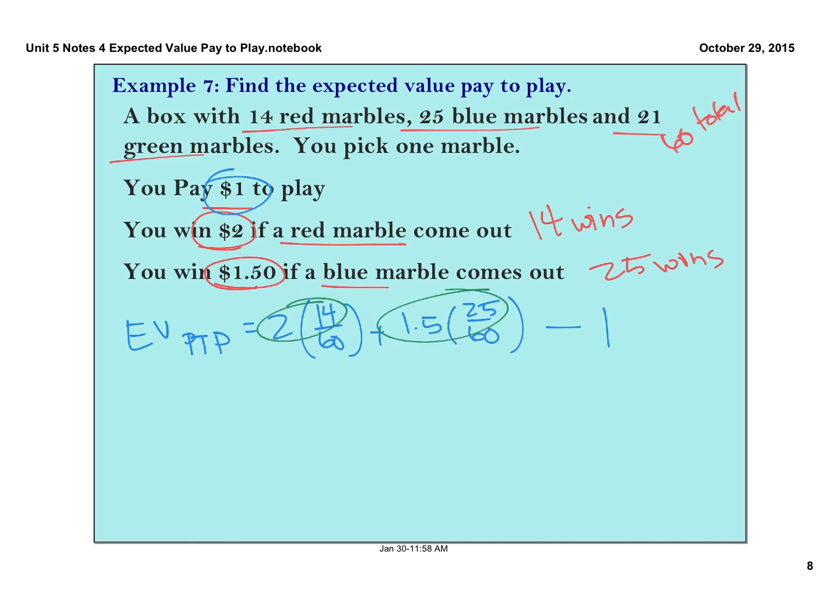Multiply and multiply. 2 times 14 is 28 out of 60. 25 times 1.5 is 37.5. 37.5 out of 60 minus your amount. Put your fractions together, add the tops there. 28 plus 37.5 is 65.5.